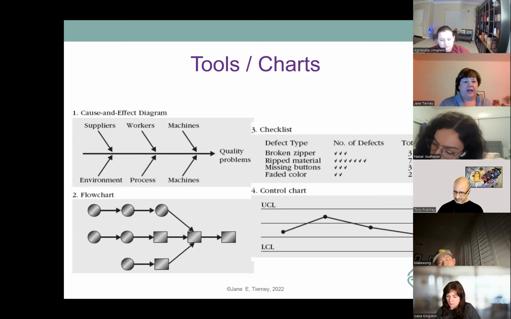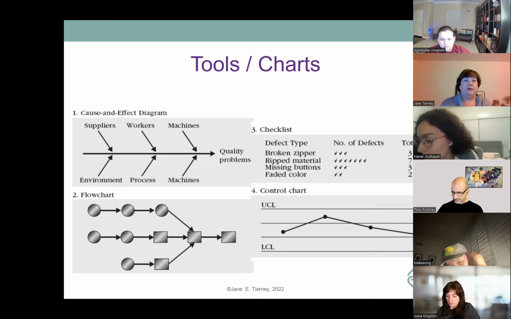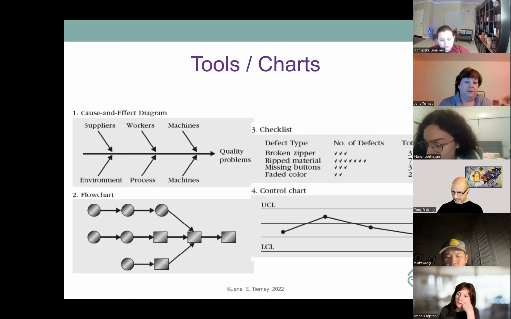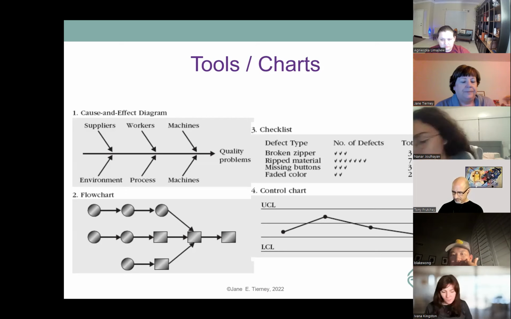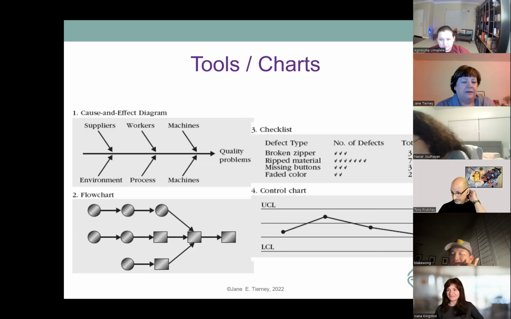And in this case, you could add in suppliers. So that's a good way to remember it. If you started with the 4 M's, you'd be in a good place to start with the people, the machines, the methods, and materials. This has machines in there twice, so I don't know why they did that.